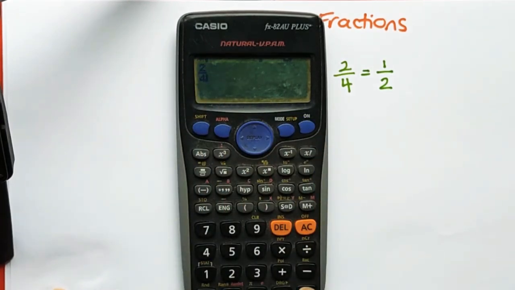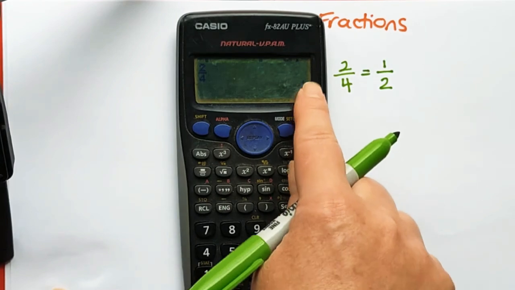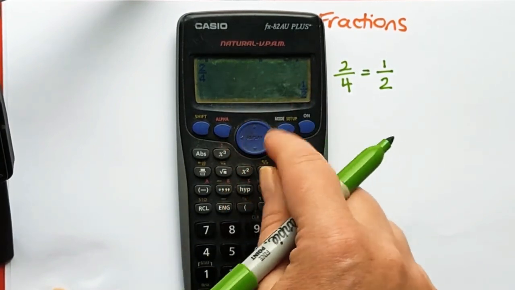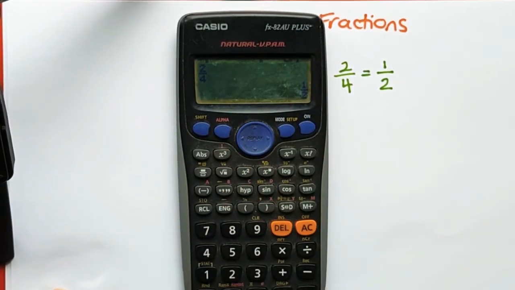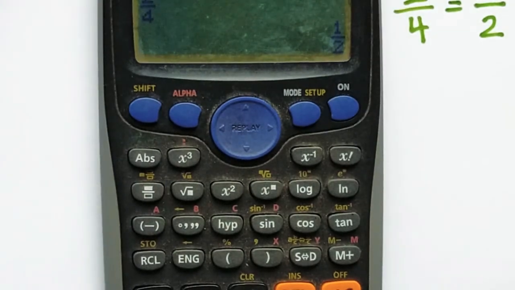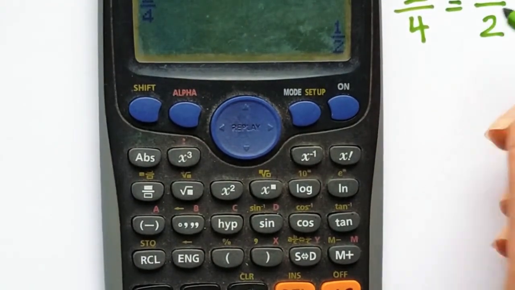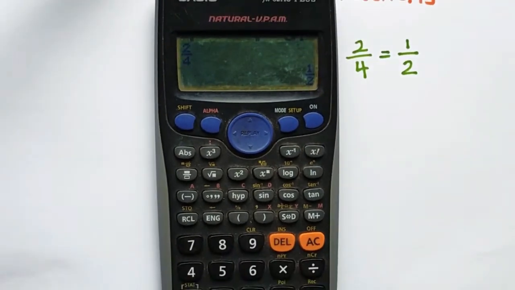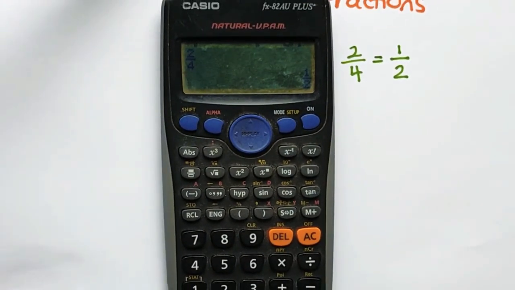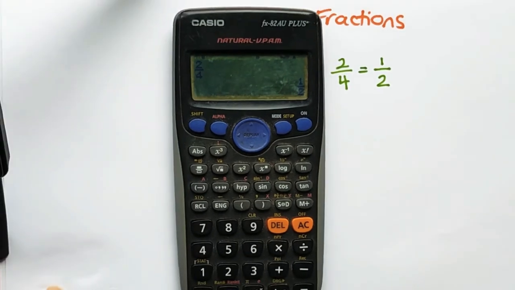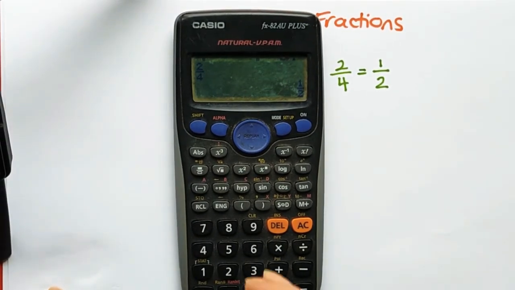I hit equals. And if you look over here, it's a bit dusty, but you can just see, we might zoom in a little bit, it says 1/2, and it's written in the form that we already write our fractions in. So that's another calculator's way of putting it.